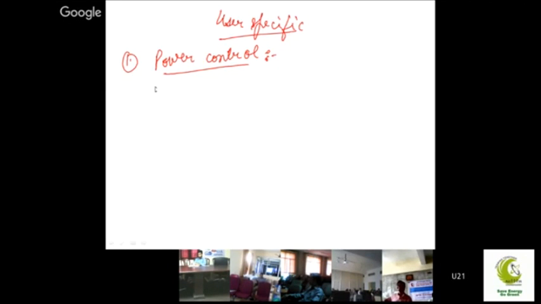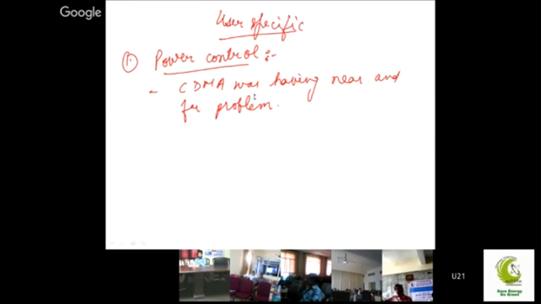The main reason was that CDMA had the near and far problem. The near and far problem was that if the user was standing very near to the CDMA BTS, it couldn't transmit the signal.